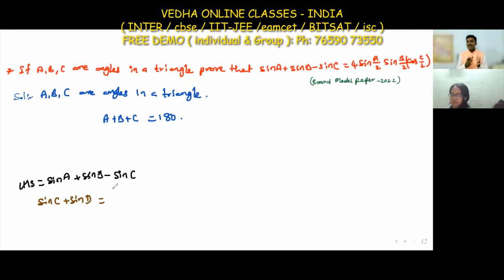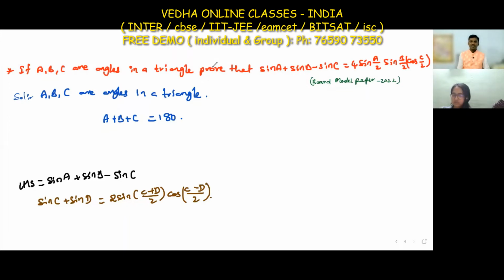We have plus in the middle, so the first part is sin cos. 2 sin C plus D by 2 into cos C minus D by 2. Yes, very good.